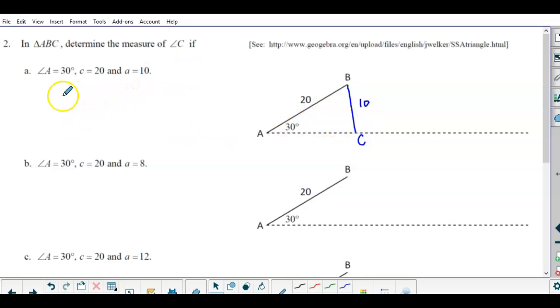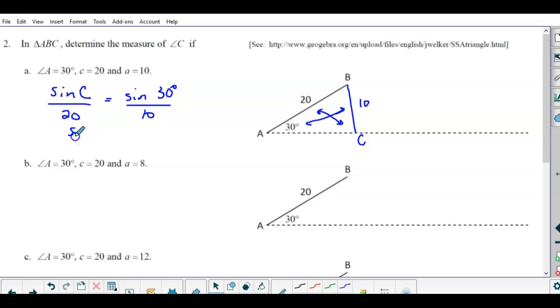So if we're trying to find angle C, then we need a matchup, right? That matches up, and we need this. We're looking for an angle. So sine of C over 20 equals sine of 30 over 10.